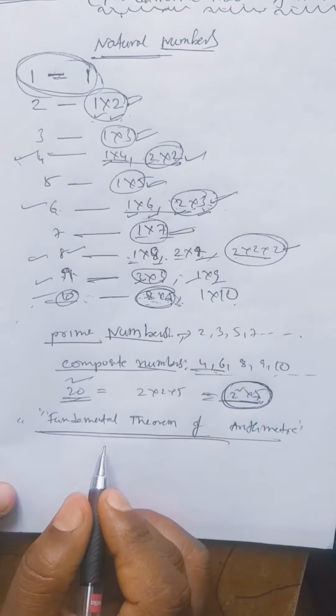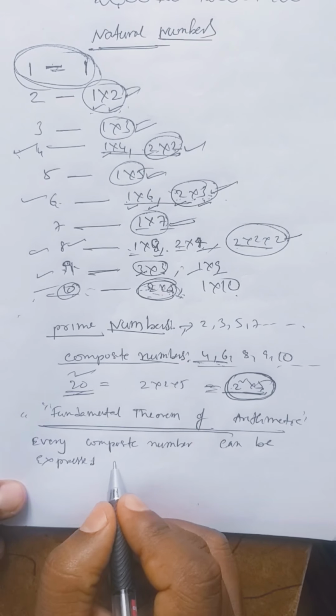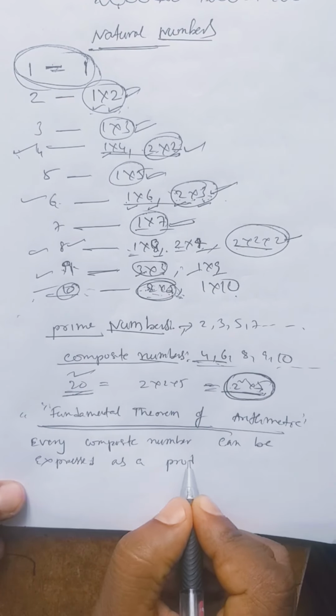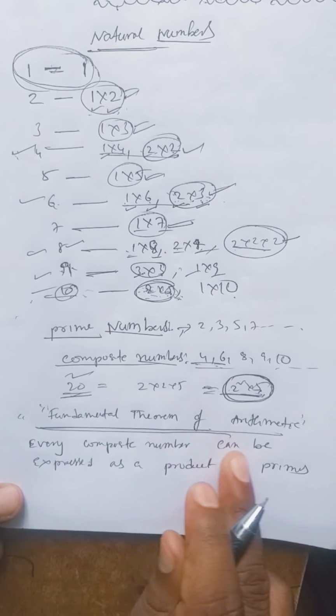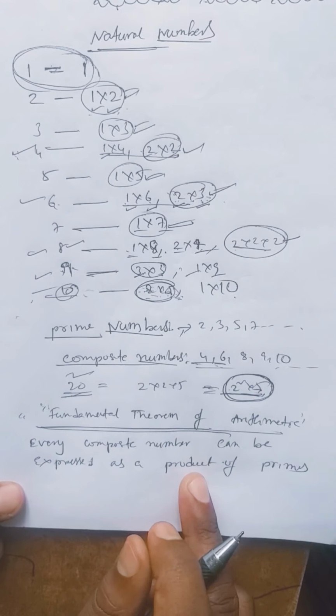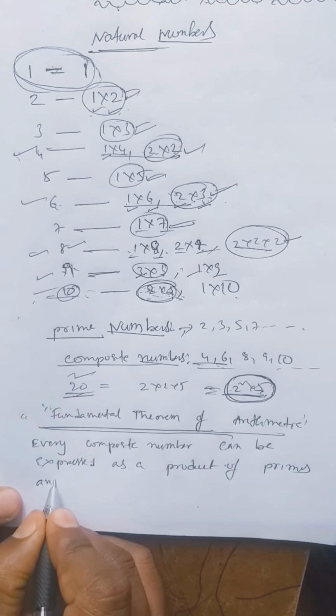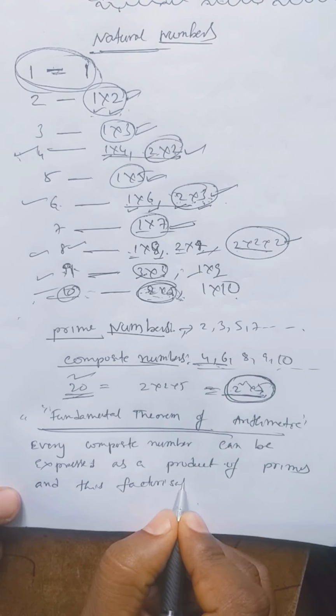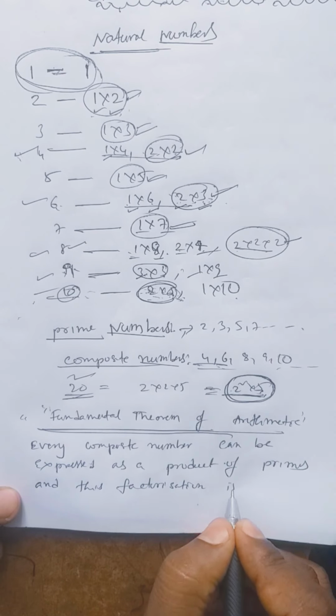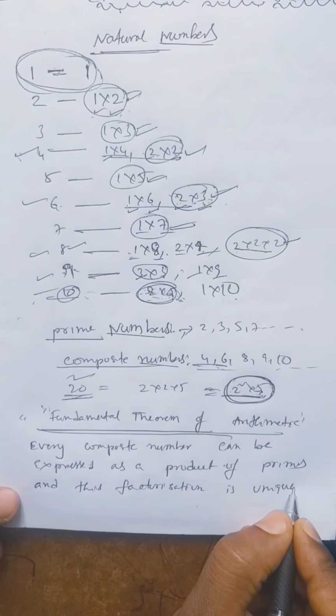Every composite number can be expressed or factorized as a product of primes, and this factorization is unique. This is unique factorization.